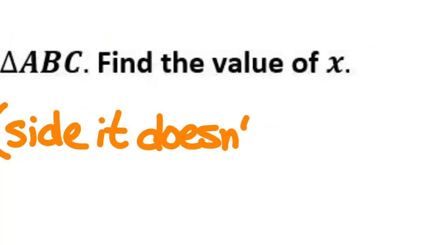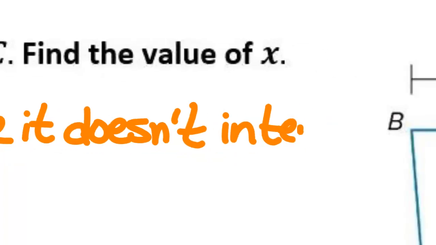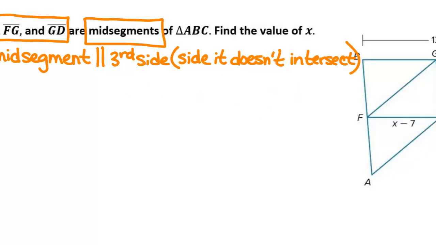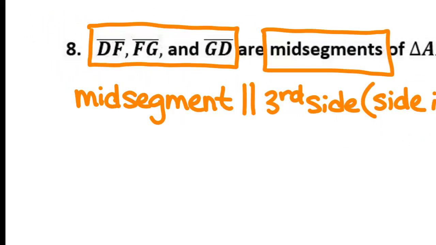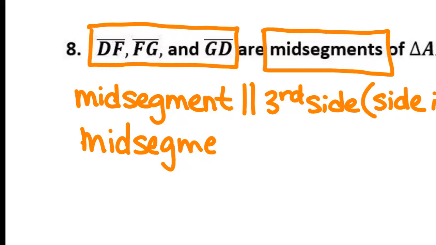What was the other property? It's half. Mid-segment is half of the third side.